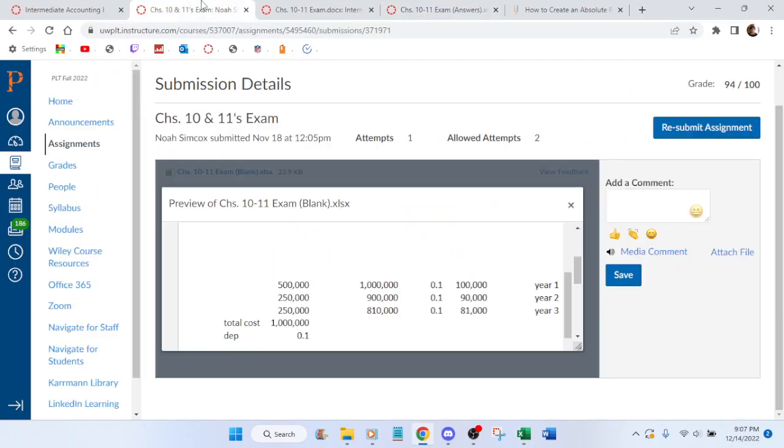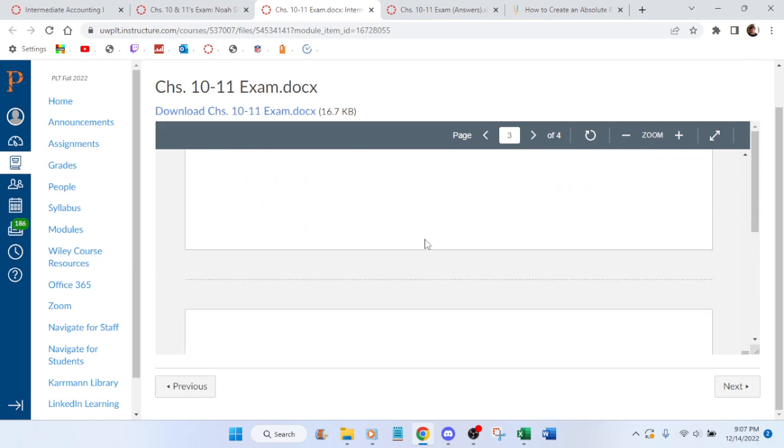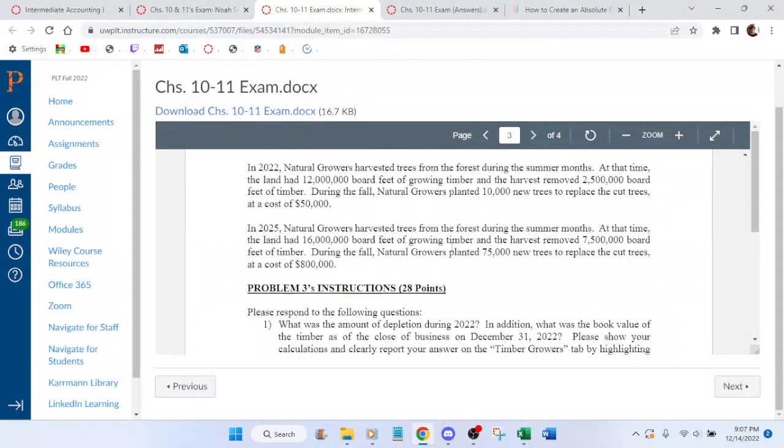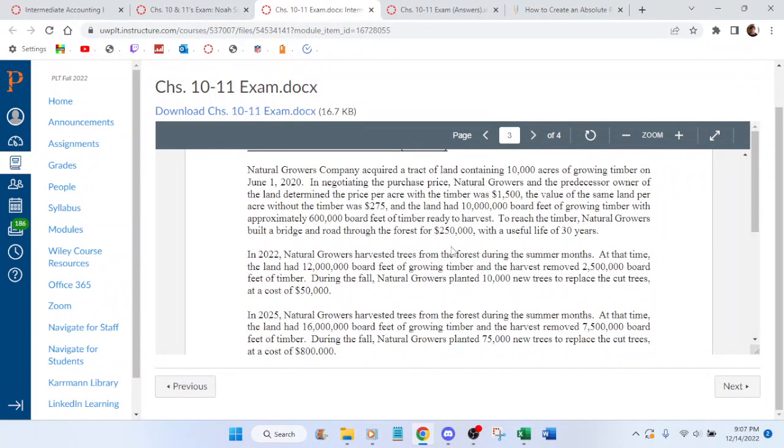Oh, look at how long this thing is. Oh, wait, it's not that long. Apparently, all this beginning information is not even relevant. Actually, no, the 10,000 acres thing is not relevant at all.